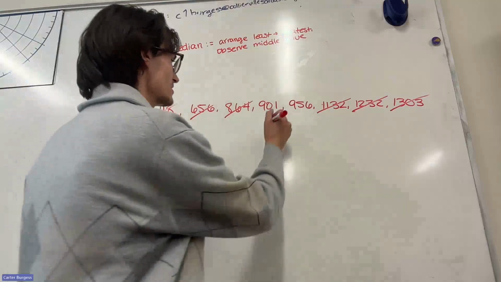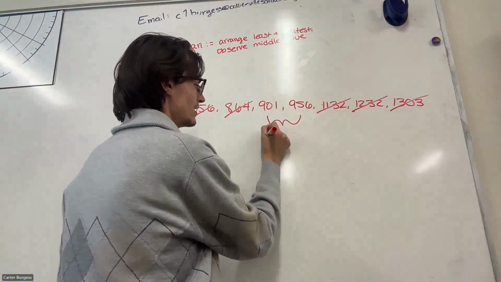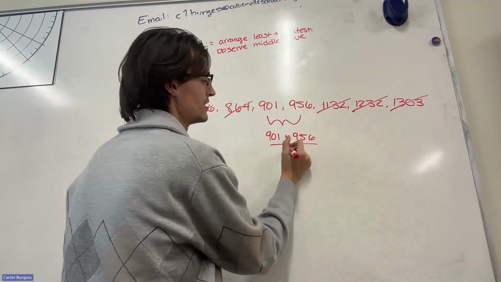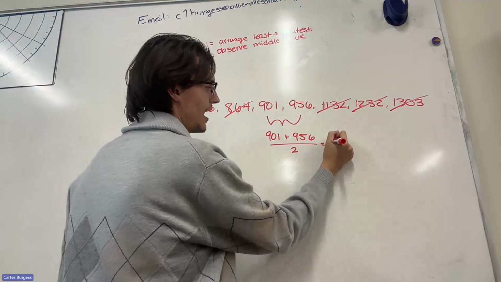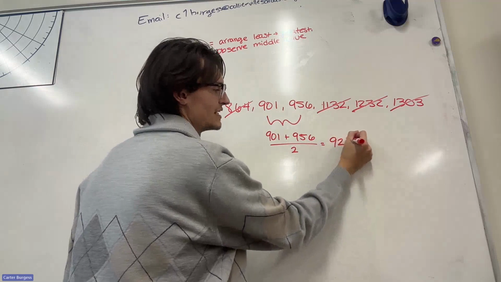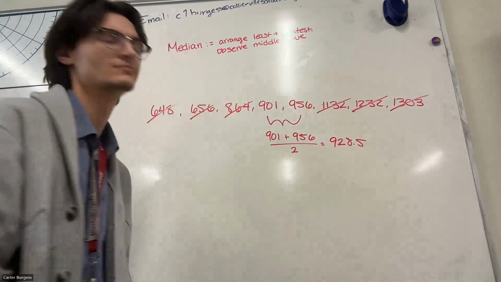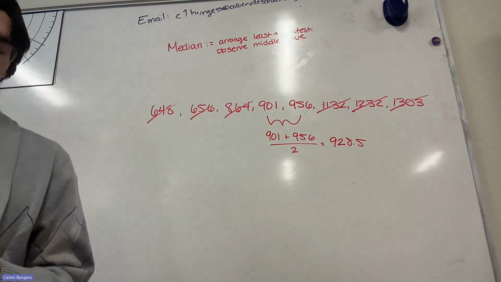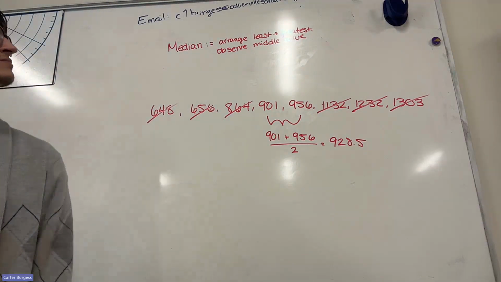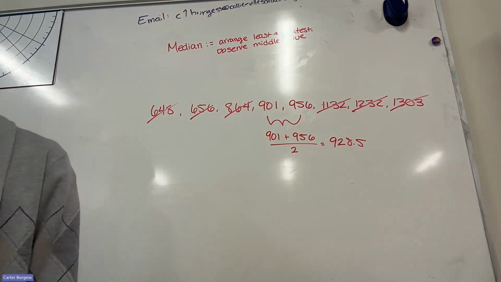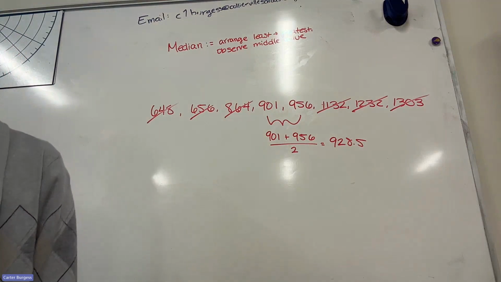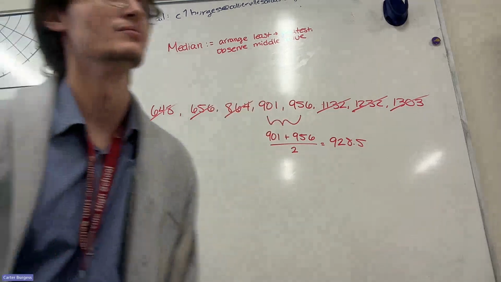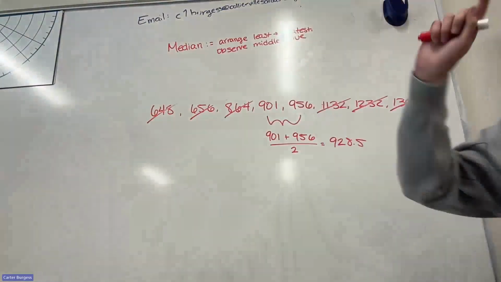Take the average between them. Very good. So this would be 901 plus 956 weighted equally, and we are dividing by 2. I think this works out to be 928.5. Ta-da. If there had just been one value, we'd circle that value.